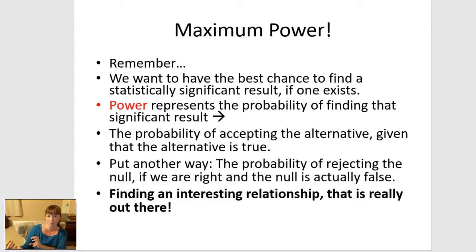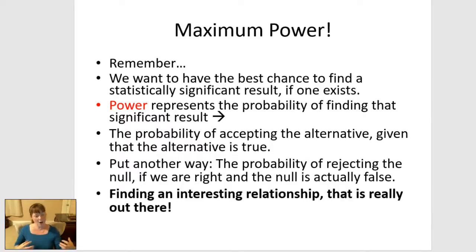and your beta is small, which is what you want, because power represents the probability of finding something statistically significant and being right. Finding some statistically significant difference between the averages and being right, which is what you want, right?